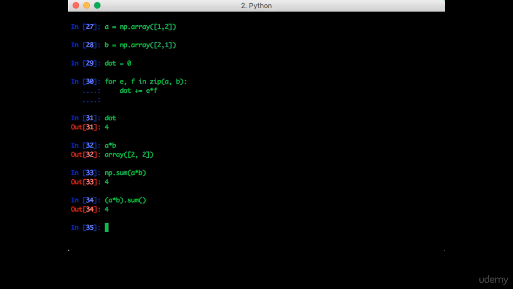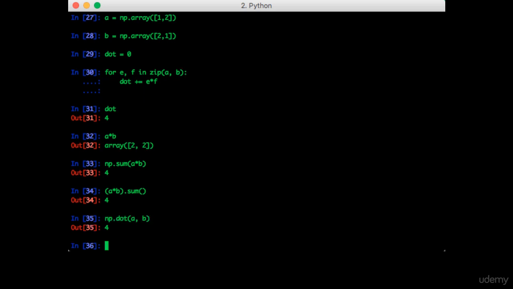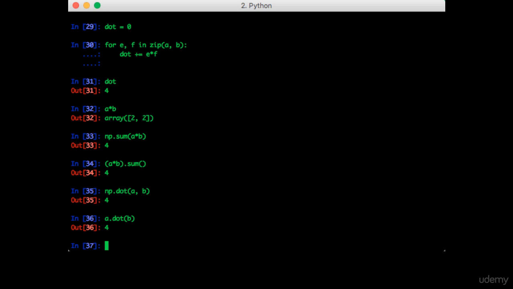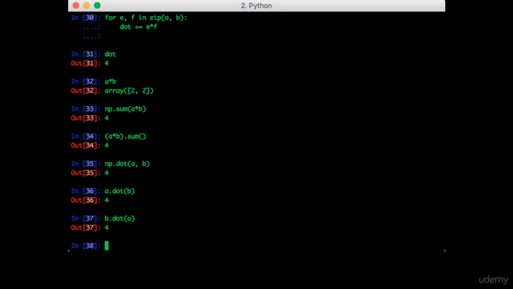NumPy actually comes with the dot product function, so we can call np.dot(A, B), and that gives us the expected result. Like the sum function, the dot function is also an instance method of the NumPy array, so we can call it on the object itself. So that's A.dot(B), and we get the same answer. This is also equivalent to B.dot(A).